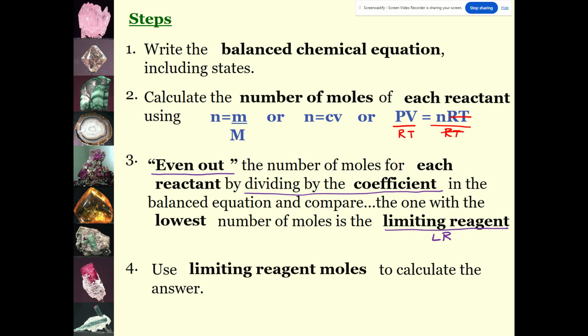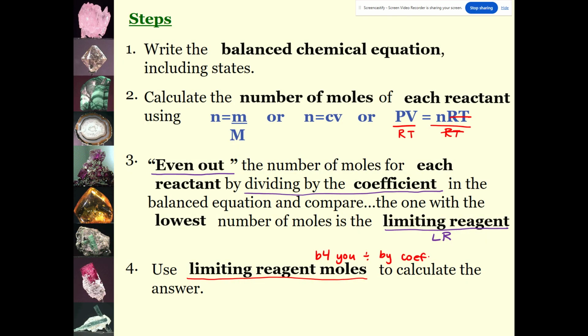The limiting reagent is also the one that you use as your given to go through your 4 regular stoich steps. Find the moles of your wanted. Now, you're going to use the limiting reagent's moles before you divided by the balancing coefficient.